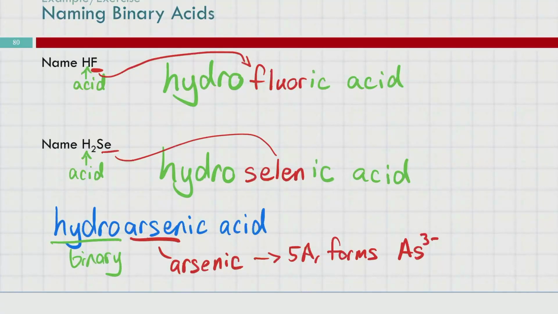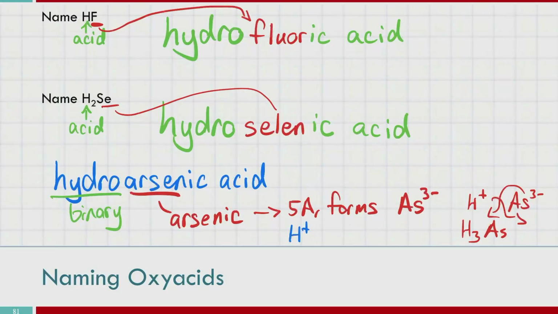That's going to be a 1+ charge. And so we would just do a crisscross to get these to balance out. So we would end up with H3As. So all that the 2 here means is that we need 2 of those H pluses to balance out the charge on selenium, since selenium forms a 2- charge normally. That's why we don't have to specify.